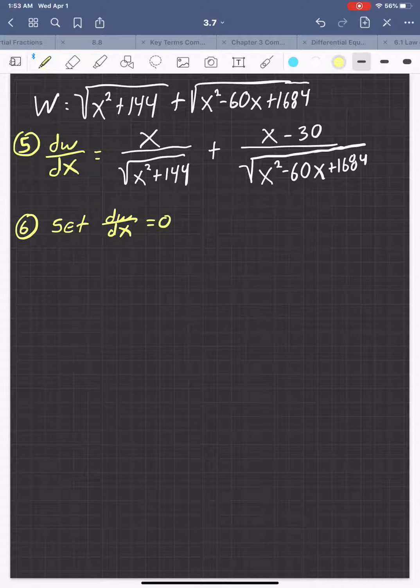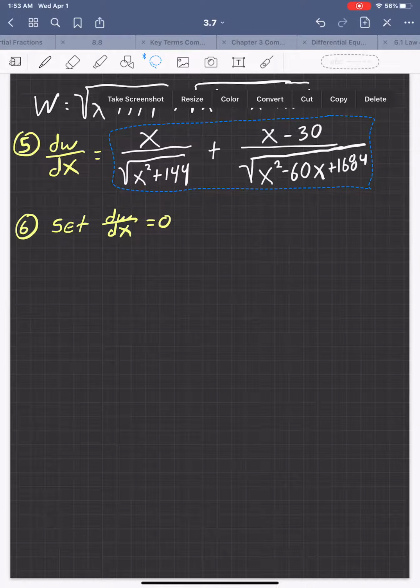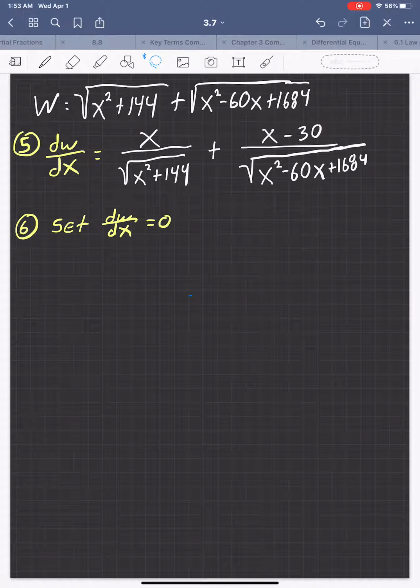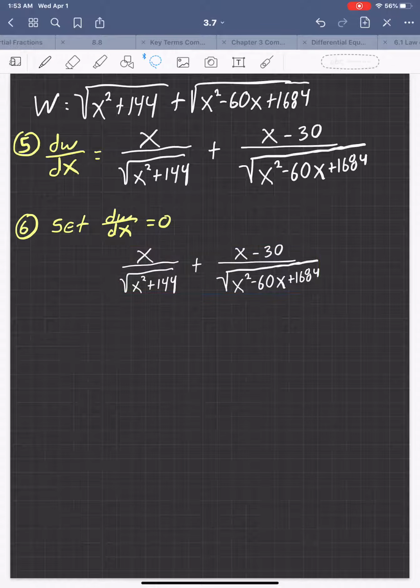So as of right now, here is me setting my derivative equal to 0. All right, and I'll just go ahead and make that a little bit cleaner.